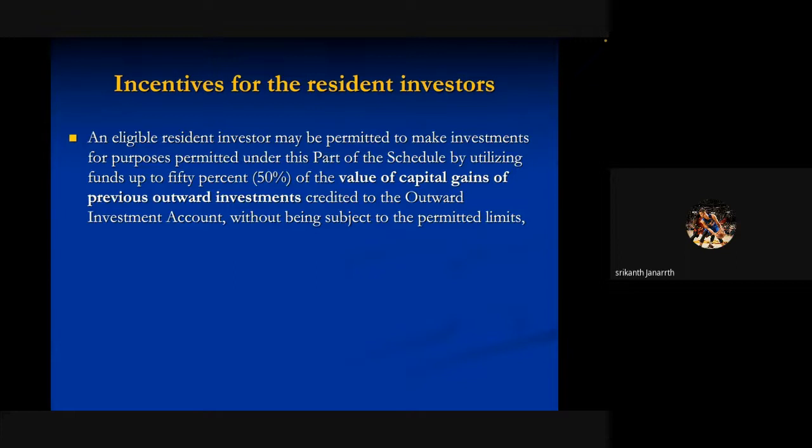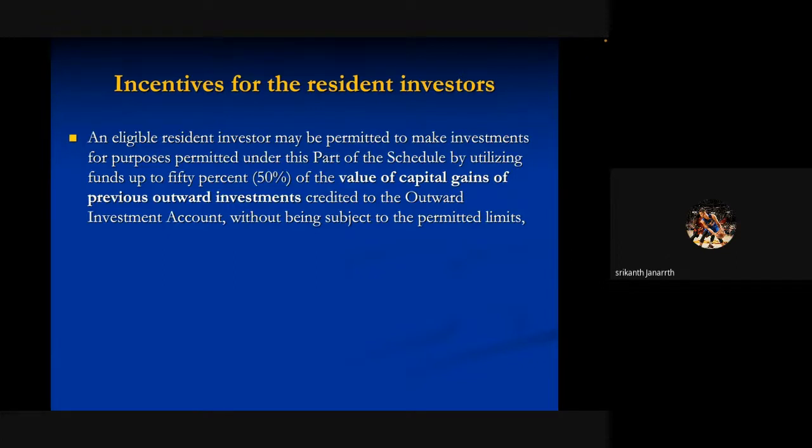Suppose, to give you an example, you are invested as an individual investor with a limit of $200,000. I can't invest more than 200,000 in my lifetime. I can invest only 200,000 in my lifetime. That's a limit. Out of this 200,000, right?